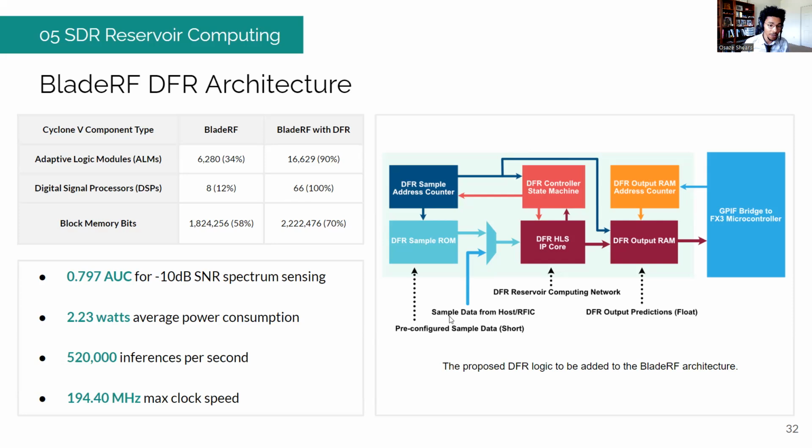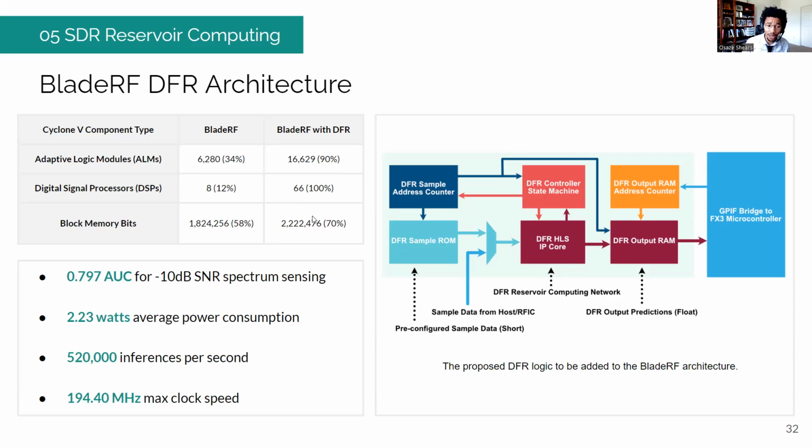This implementation uses quite a bit of logic in the FPGA. The reason for this, as we'll explore in future slides, is because of how some of the implementation aspects work. But compared to the initial BladeRF software radio architecture, there's pretty much a 60% increase in the ALMs that are being used, which are essentially the building blocks of the FPGA.